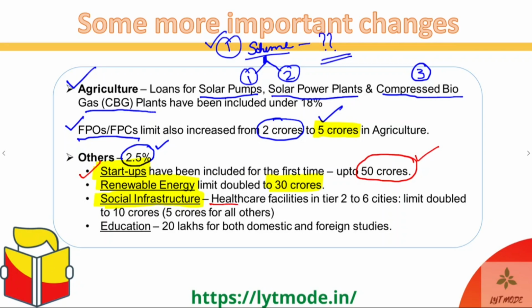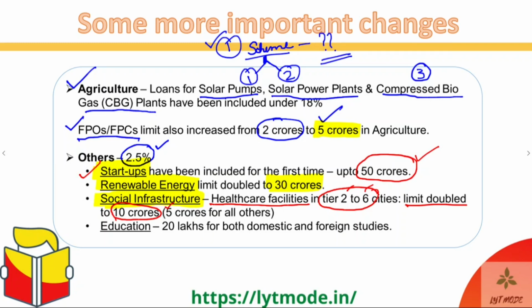The healthcare facilities under social infrastructure in tier 2 to tier 6 cities, not all cities but only cities from tier 2 to tier 6, there the limit has been doubled for PSL. I mean 10 crore rupees can now be given to healthcare facilities in such cities. Earlier it was 5 crores. But for all other social infrastructural projects, it is still 5 crores.